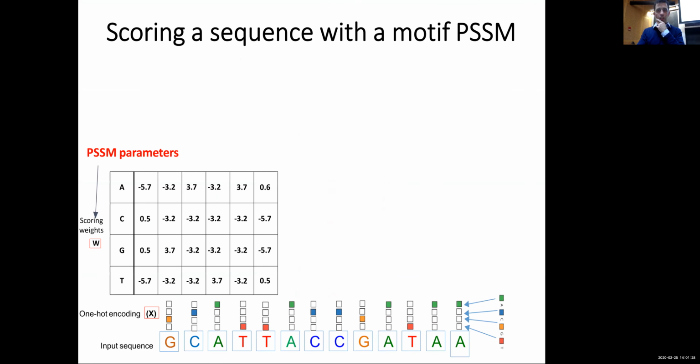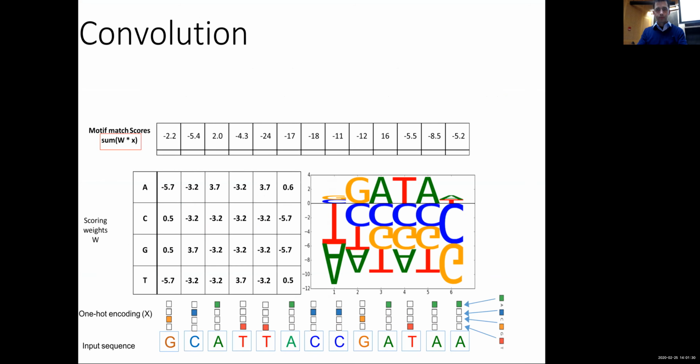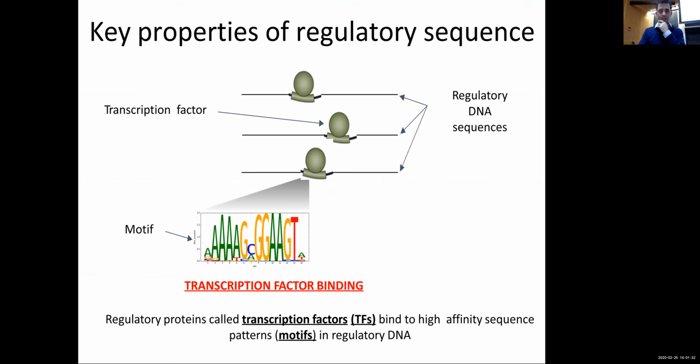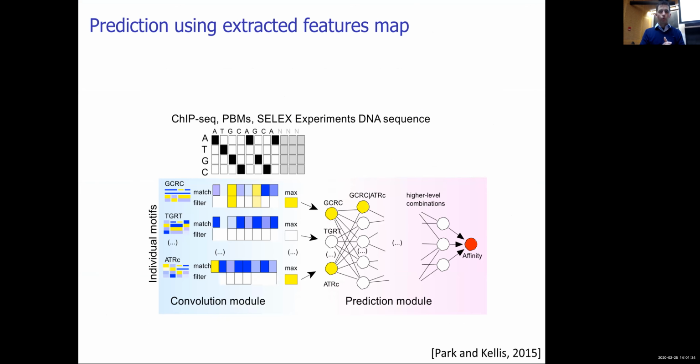So what we're going to do here is use the same concept of, at the lowest level, capturing individual representations, and then combining them into higher order representations, and eventually predicting the affinity of a regulator binding them.